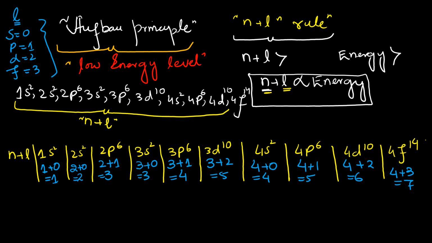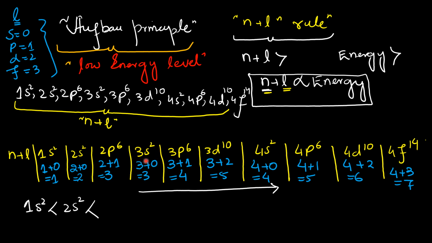So now, dear student, on the basis of energy, let's write them. We can write that 1s2 has less energy than 2s2. Now an interesting question arises: the n plus l value of 2p6 is the same as the n plus l value of 3s2.